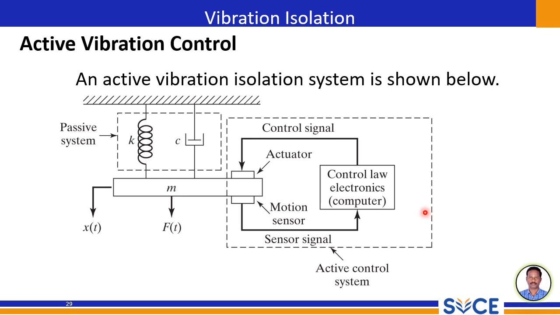It can adapt to changing vibration conditions. It can control vibrations over a wide frequency range. However, active systems are more complex and expensive than passive systems. So, in this slide, we completed the working principle of active vibration system.